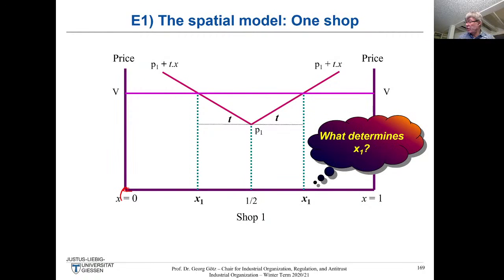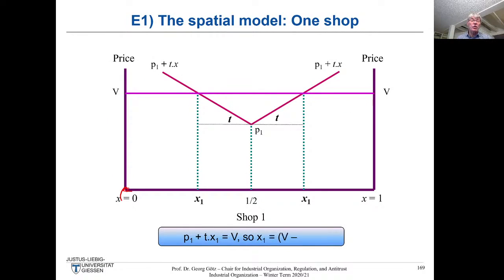Because if they are at the distance x1, their transport cost will be T times x1, and T is just the slope of this line. Given we have a P1 plus this Tx1, this is just the pivotal or the indifferent consumer located at this distance x1 from the shop.